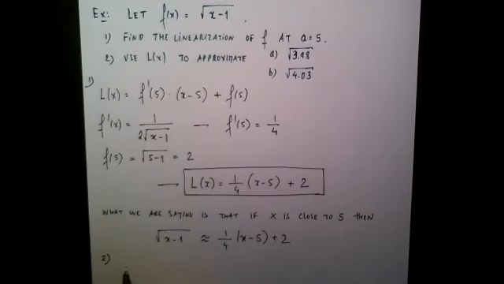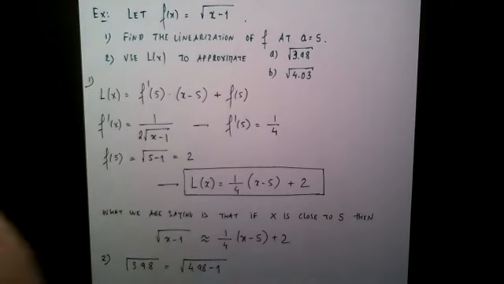So I'm looking for the square root of 3.98. This is equal to the square root of 4.98 minus 1, because I just want to have it in this form. That's my x.